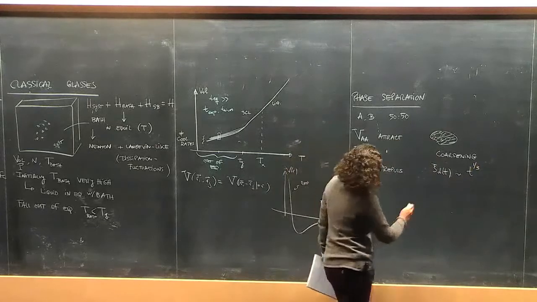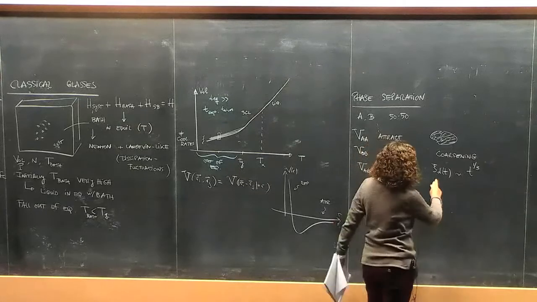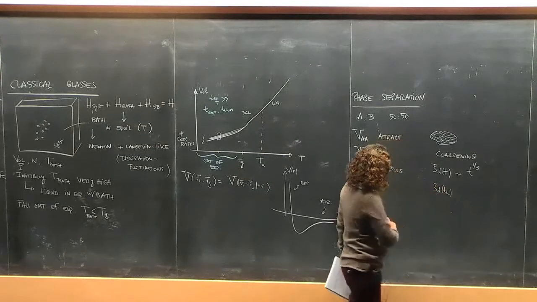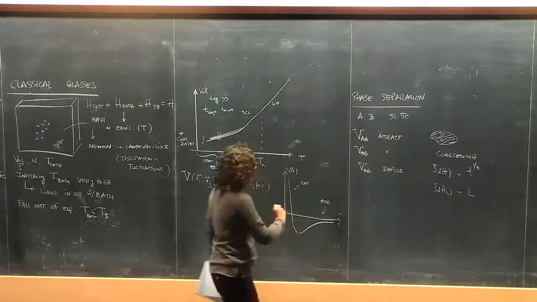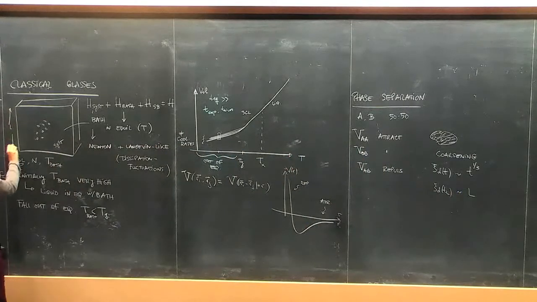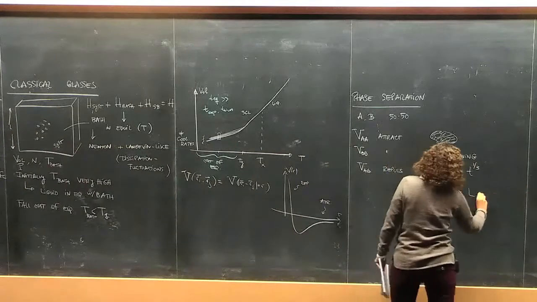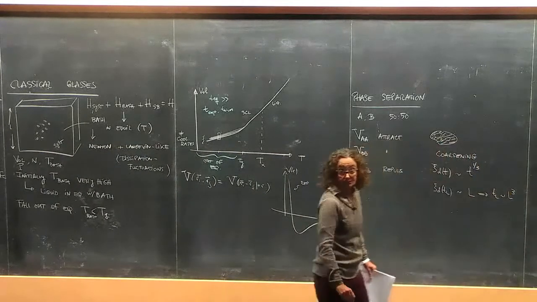And if you estimate an equilibration time for phase separation by requiring that this growing length be of the order of the system size, so the linear size of the box, then from here you just obtain that this T_L goes like L cubed.